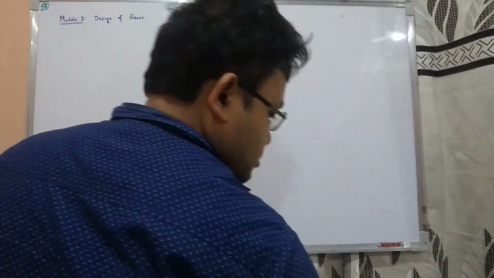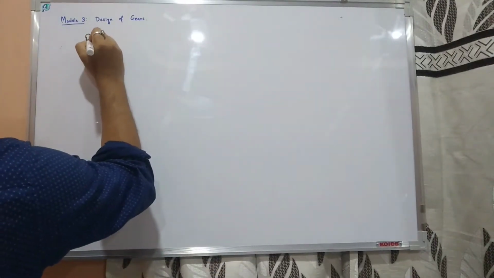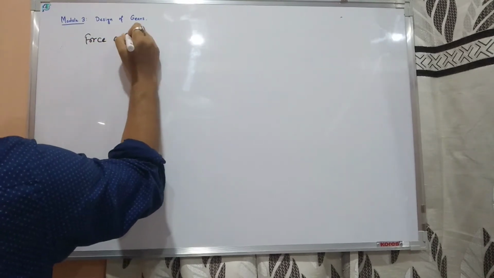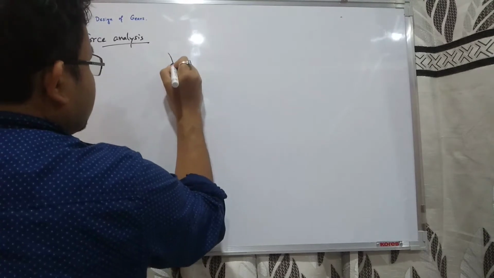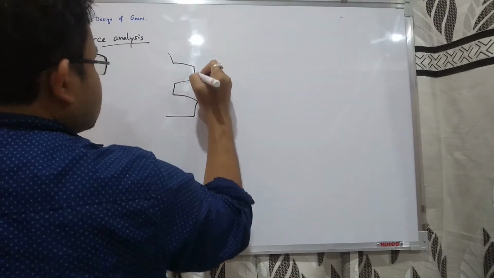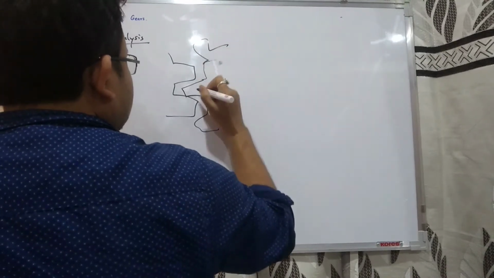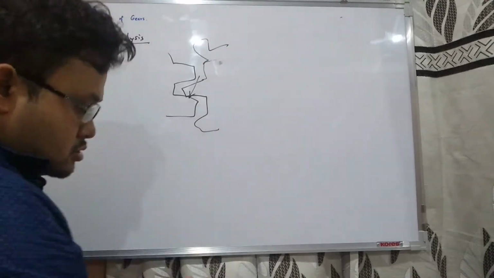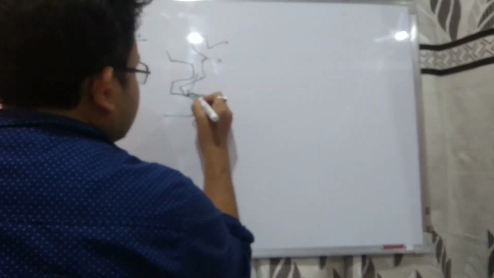we'll talk about the force analysis. I already told you that when two gears are meshing like this, this is the force that we apply, and it has two components.